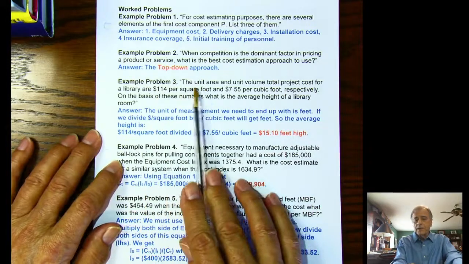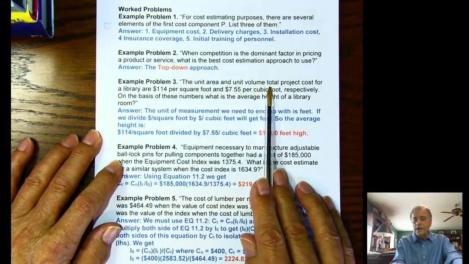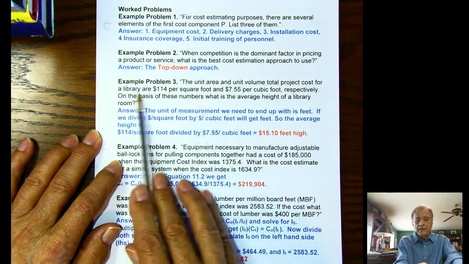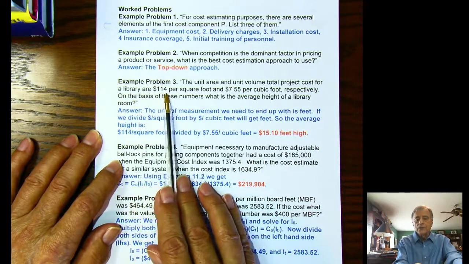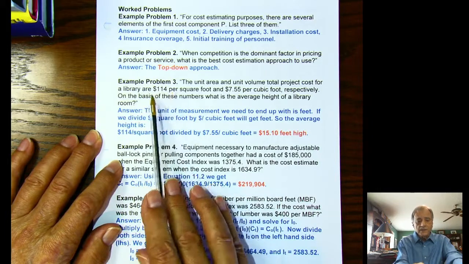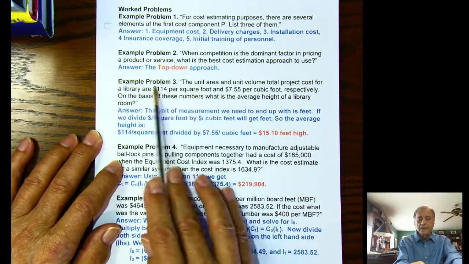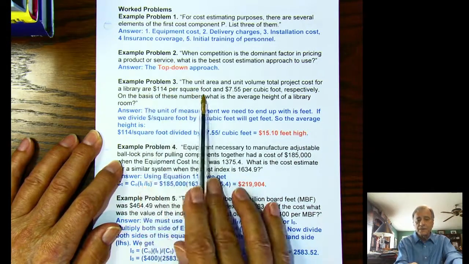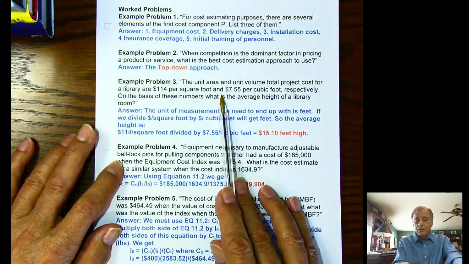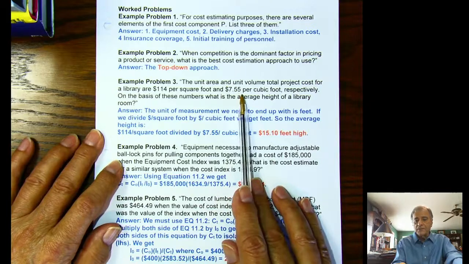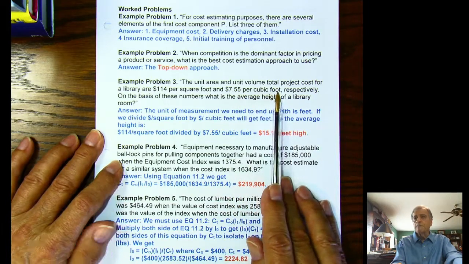Example problem 3. The unit area and unit volume total project cost for a library are $114 per square foot. So that's the unit area cost factor, so to speak. And the unit volume is $7.55 per cubic foot.